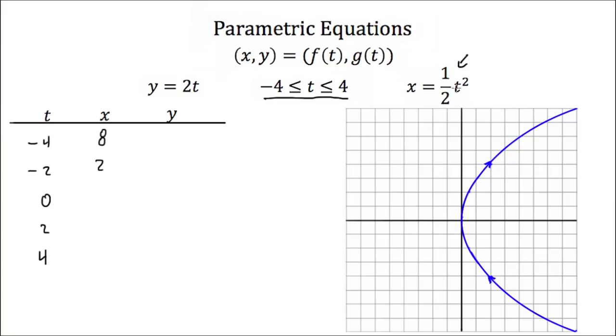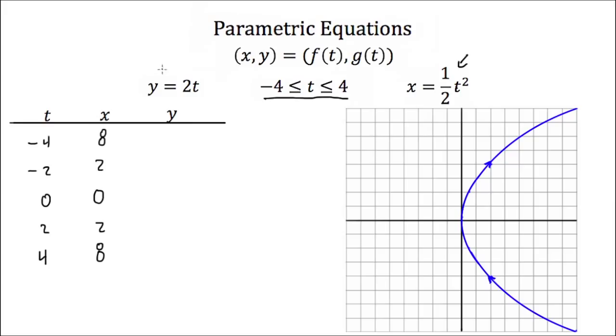If I plugged in 0 for t, I would have 0 squared, which is 0, multiply that by 1/2, and that's still 0, so my x coordinate would be 0. If I plugged in +2, I would square that, I would have 4, multiply it by 1/2, and I'd be back to 2. And if I plugged in +4 for t, I would have 16, multiply that by 1/2, and I would end up with 8.